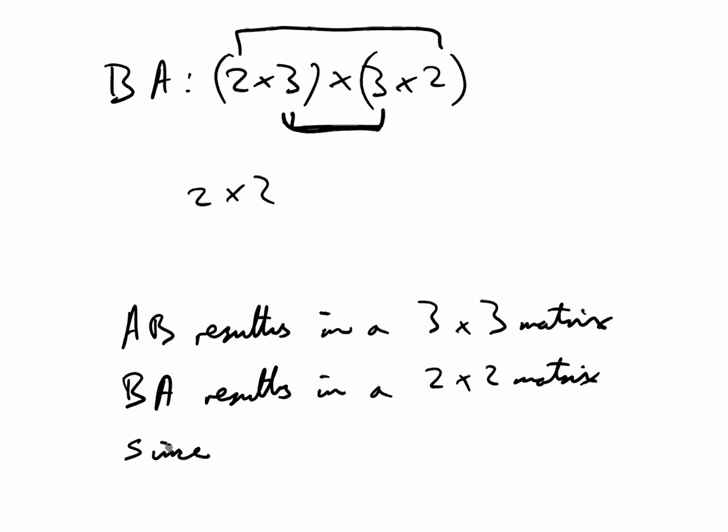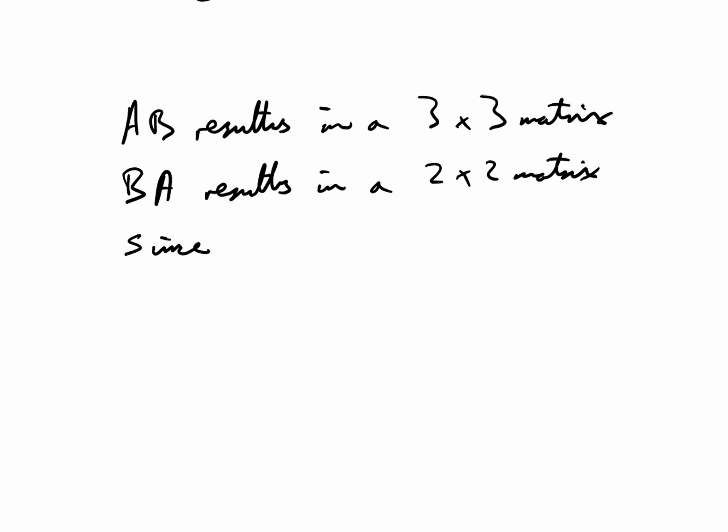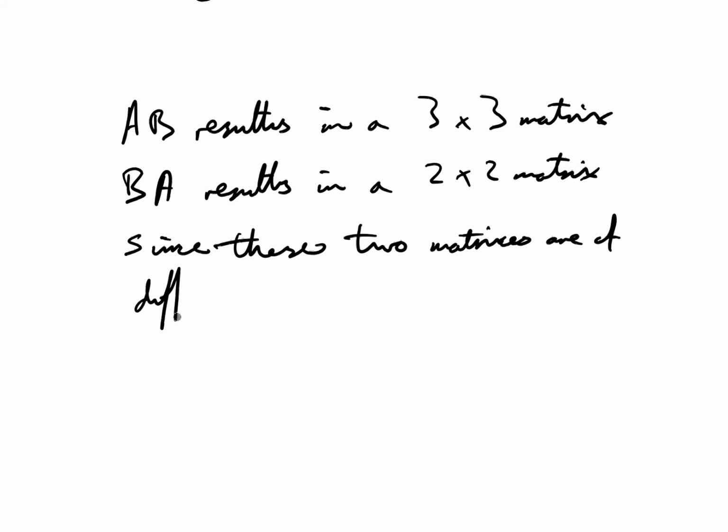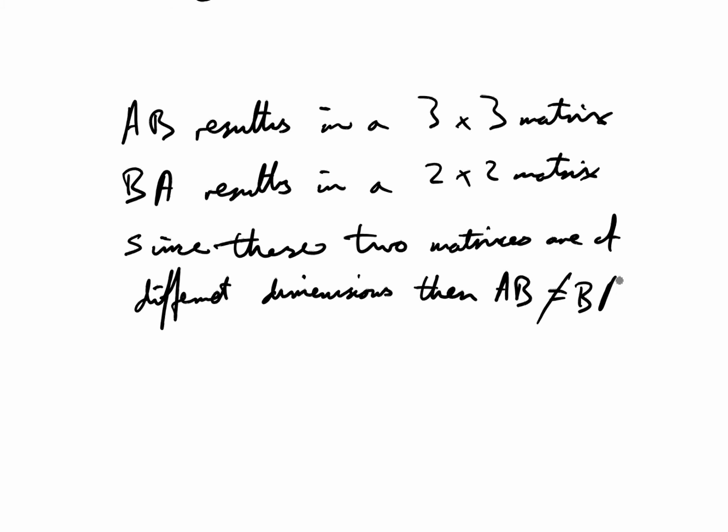Since these 2 matrices are of different dimensions, then AB cannot be the same as BA. There we are, 1 mark.